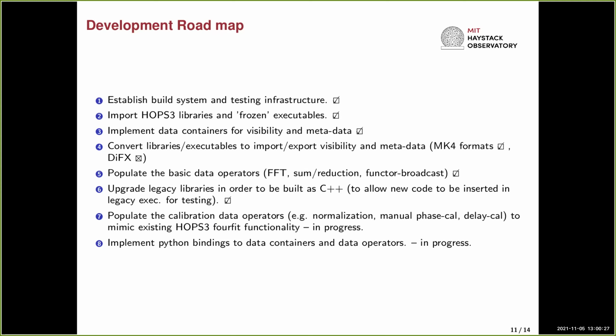So where are we on the development roadmap right now? We've put together the new build system and the testing infrastructure. We've imported all the HOPS3 libraries and most of the executables. They're not frozen yet, but they are being maintained synchronously with the new development. We've implemented our data container formats and written at least a conversion library so we can import the old Mark IV data.